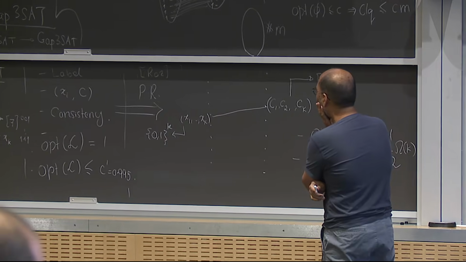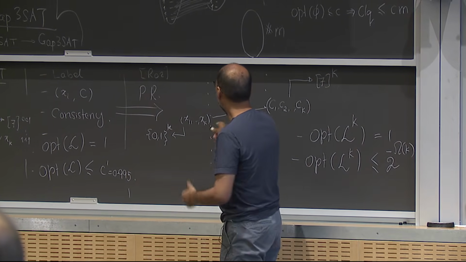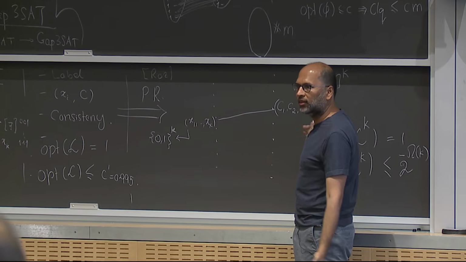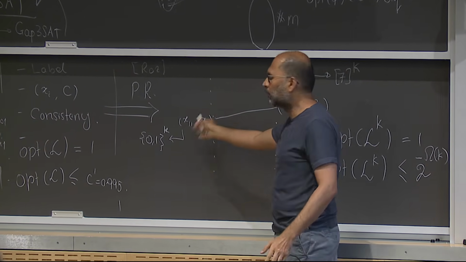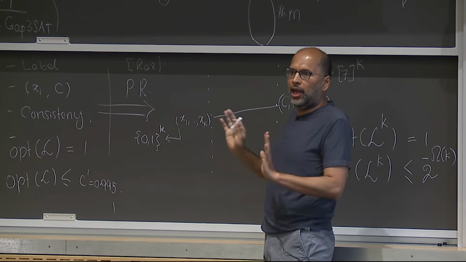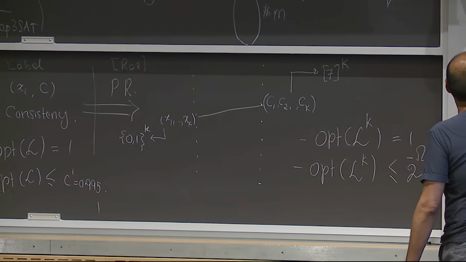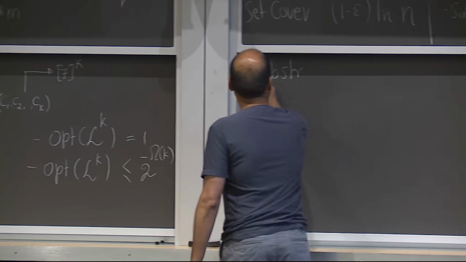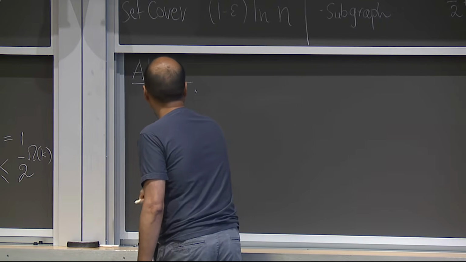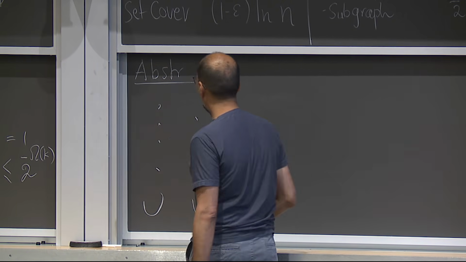Now, at some level, you can forget how this instance came about, that these vertices were really k-tuples of variables and clauses, and the assignments were supposed to be assignments to these tuples, and so on and so forth. You can just completely abstract it out as a labeling problem. So as an abstraction, it's a labeling problem where one side is a set of vertices, capital U, and a set of vertices, capital V, on the other side.